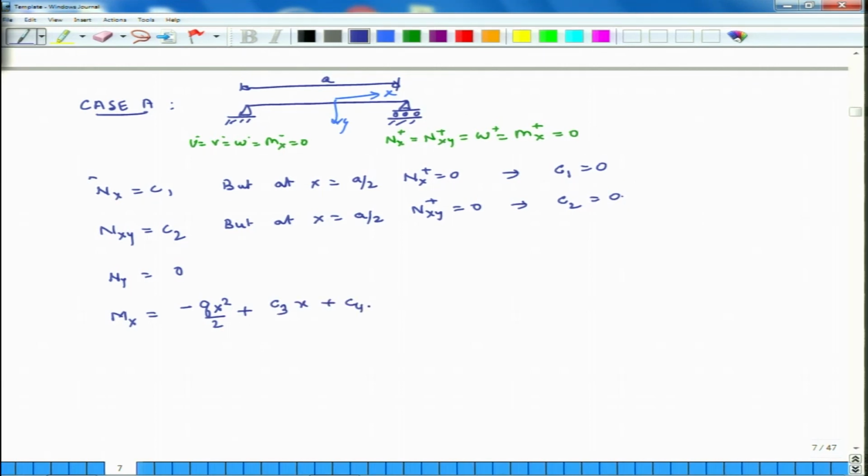Now, we know that mx is equal to 0 at x equals plus minus a by 2. It is 0 at both ends, this is the boundary condition.